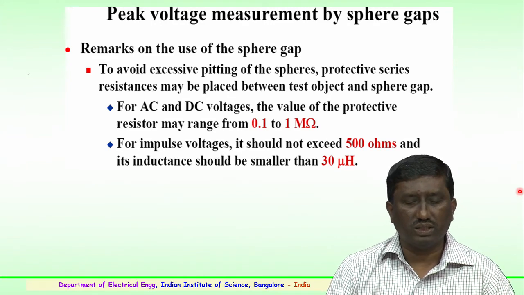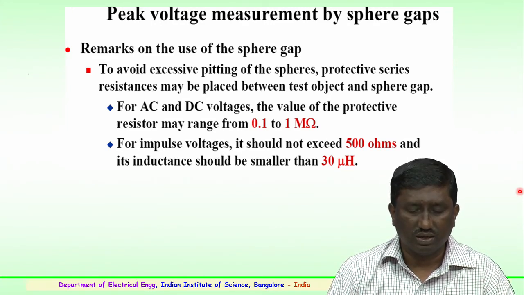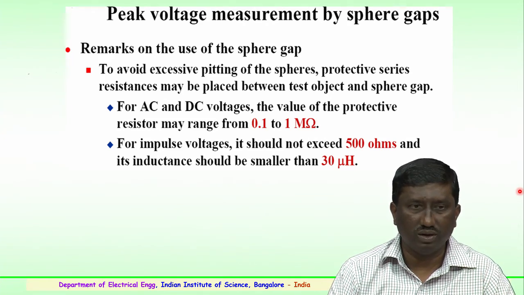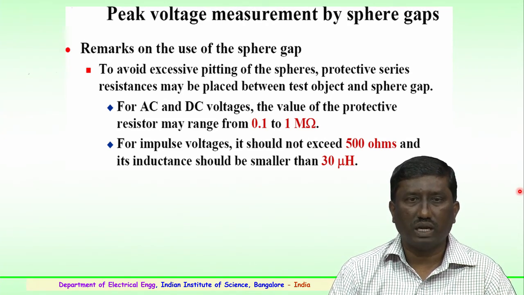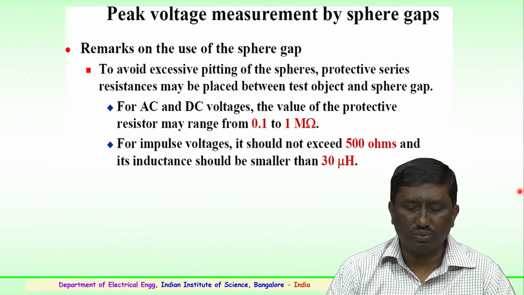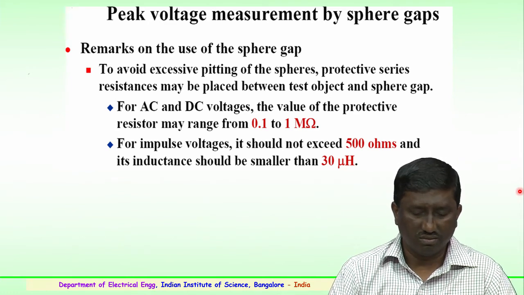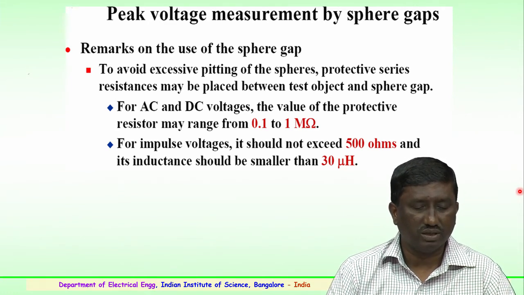So, peak voltage measurement was a concept which was initially being used, and even till date for calibration and measurements sphere gaps are also being used in high voltage laboratories and testing laboratories.